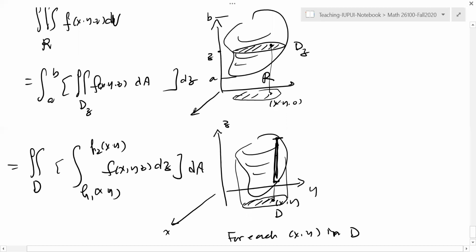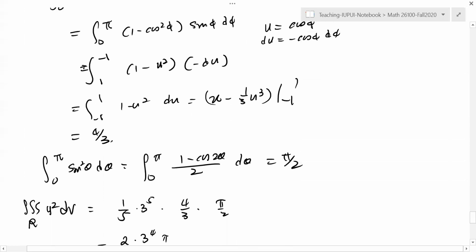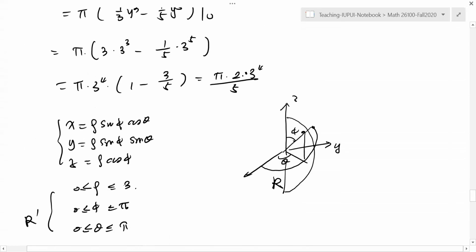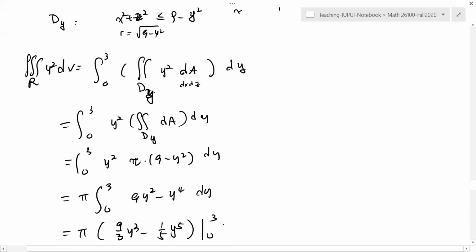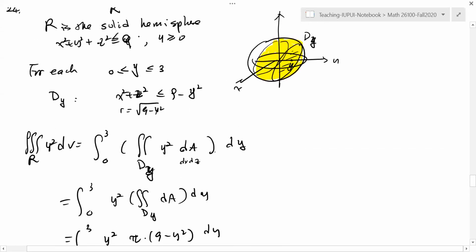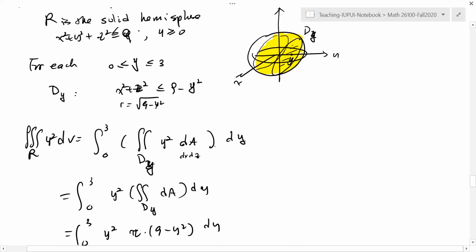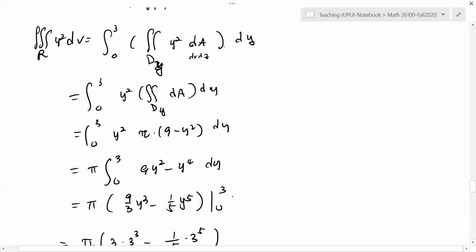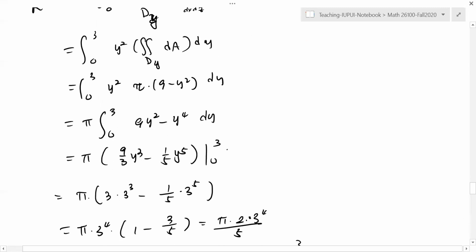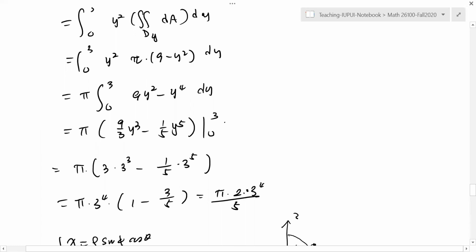You can set up the iterative integral directly and evaluate it. For the last problem I did, I found it was even better without using spherical coordinates. I just set up the iterative integral and ended up with a very simple integral that I could evaluate quickly. It takes much less time. So I'm going to stop here.